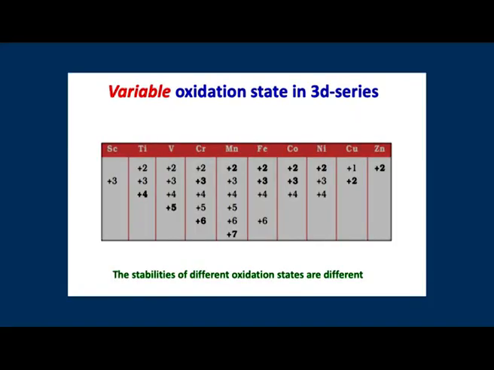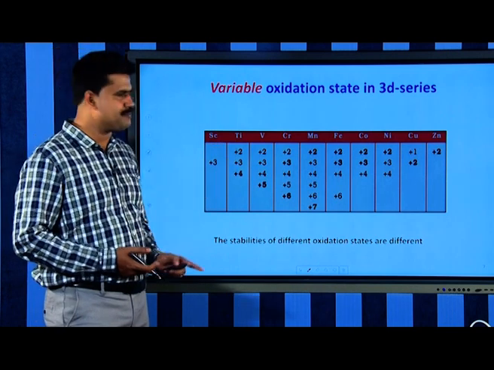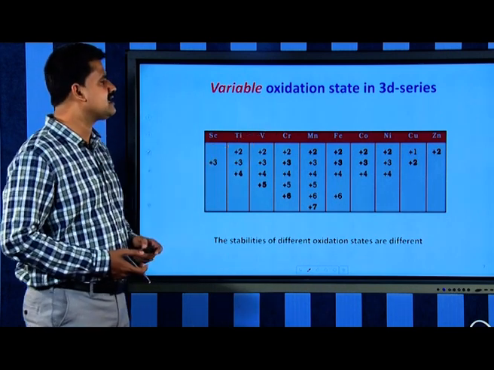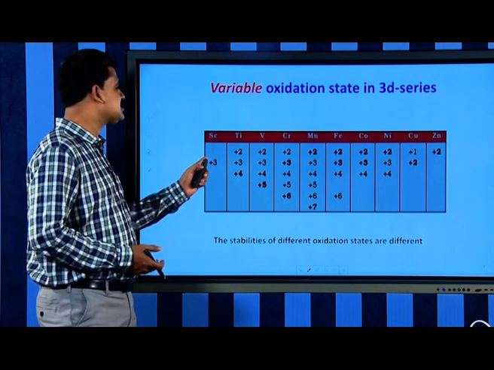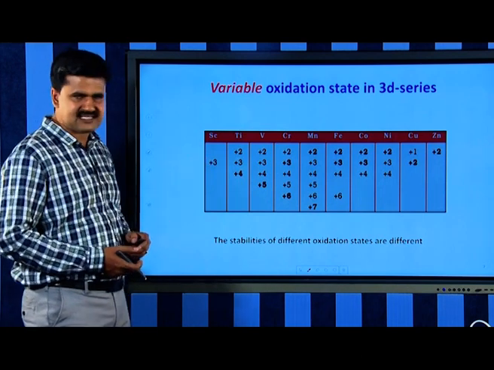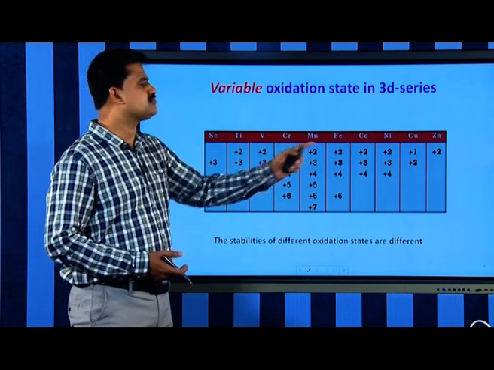Variable oxidation state shown by the 3D series of elements is shown in this chart. That is, the 3D series of elements are scandium, titanium, vanadium, chromium, manganese, iron, cobalt, nickel, copper and zinc. For scandium, the most common oxidation state is +3 and for zinc it is +2.